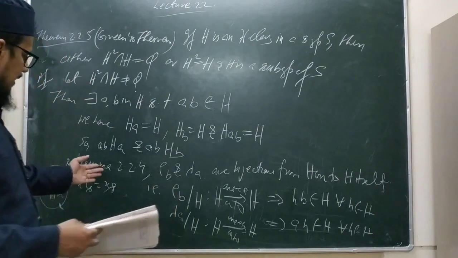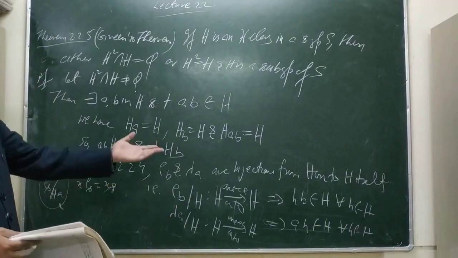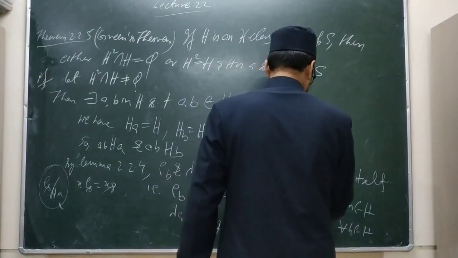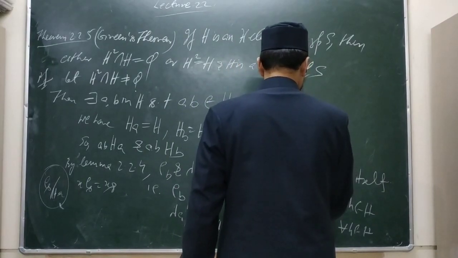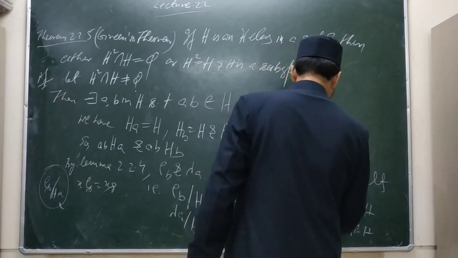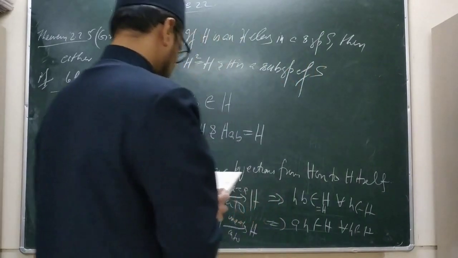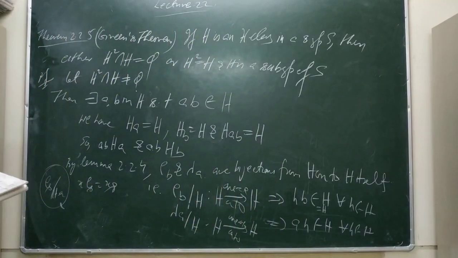So now we again apply lemma 2.4. How? See, this is what? hb belongs to H. H is here, H is also equal to H. Basically, rho H. Whenever x, y, H, x, we can apply lemma 2.2.4, correct?